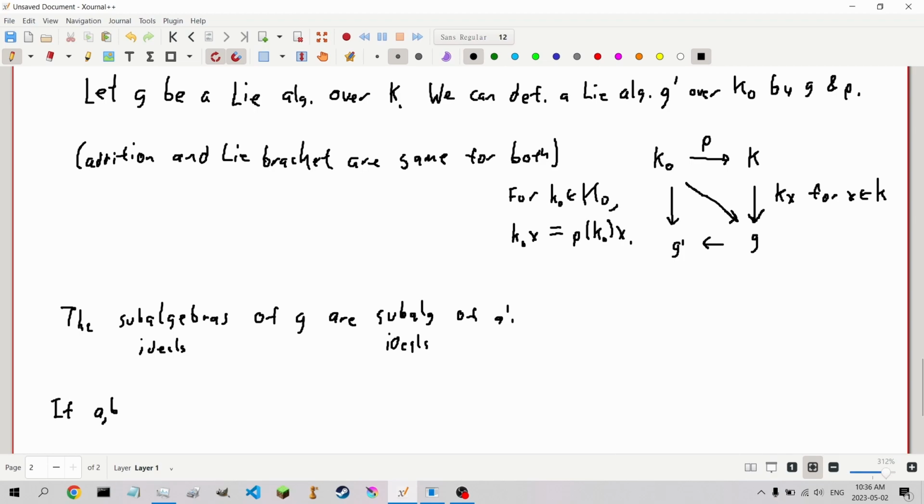If A and B are submodules of G, then their bracket, A bracket B, bracket of sets, is the same on G and G prime.